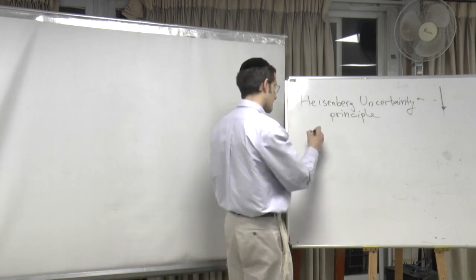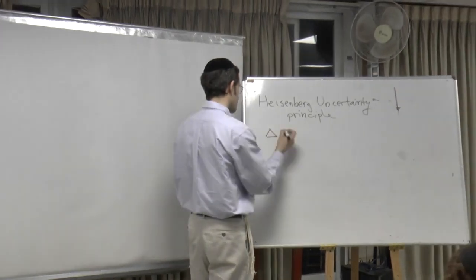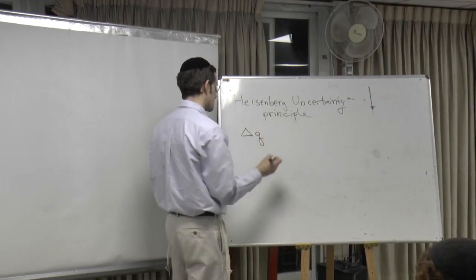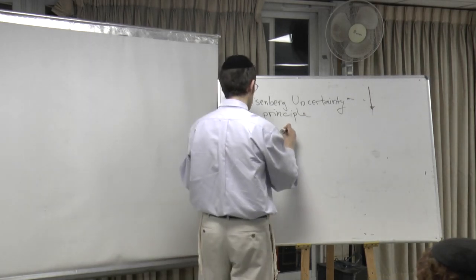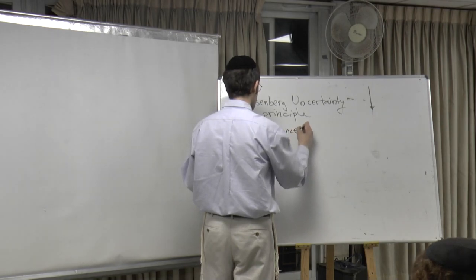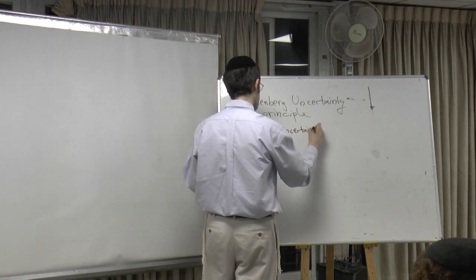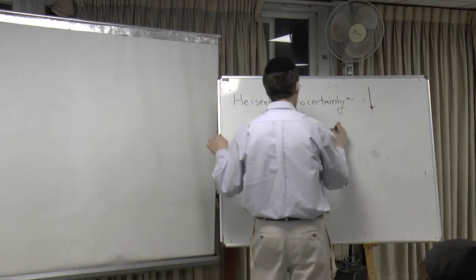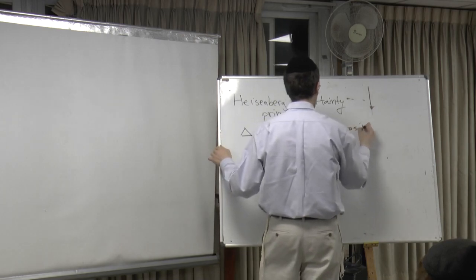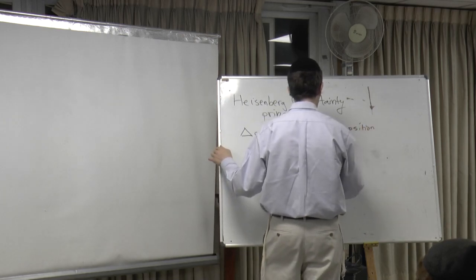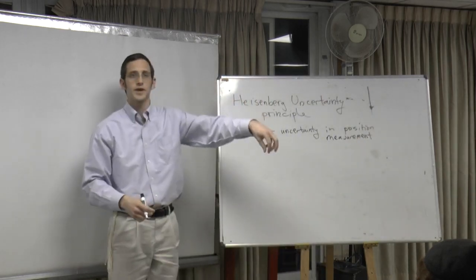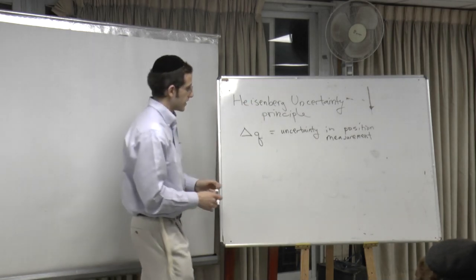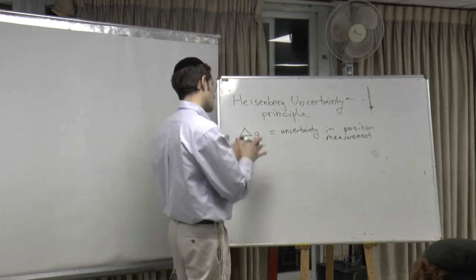So let's say delta Q is the uncertainty in the measurement of the position. Let's say I have some particle, trying to pin down an electron, and you're trying to measure its position.